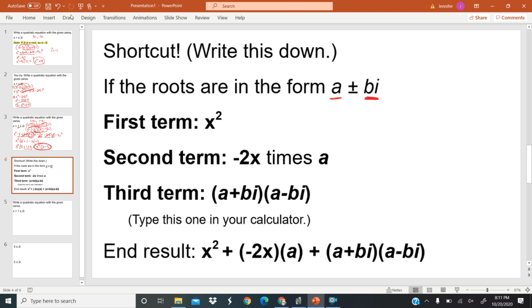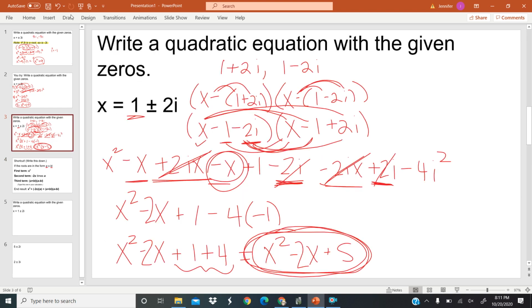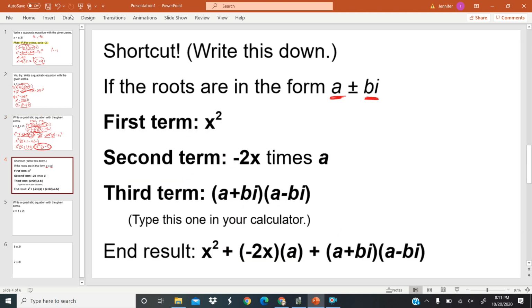So basically, anytime that you have a number plus or minus an i, you're going to be able to use this term. The a is going to be the number that you're adding to the imaginary, and the b term is going to be the number that is physically being multiplied by the i. So instead of having to go through this whole process, you can just follow this. The first term in your equation is always going to be x squared.